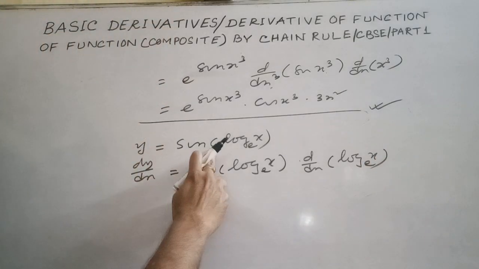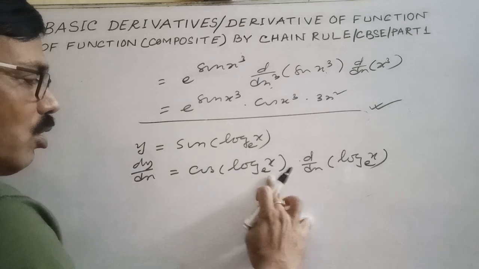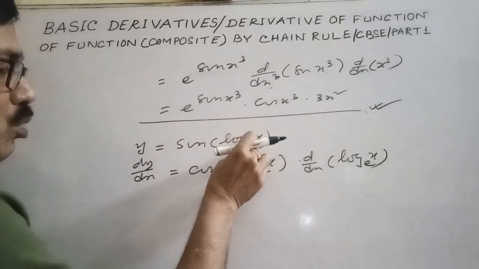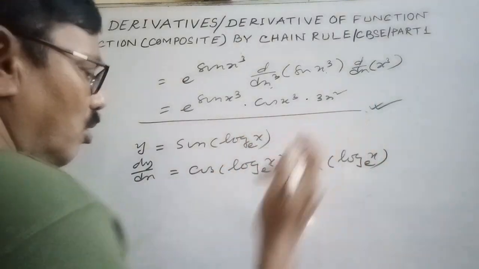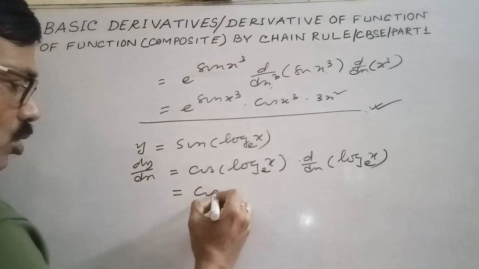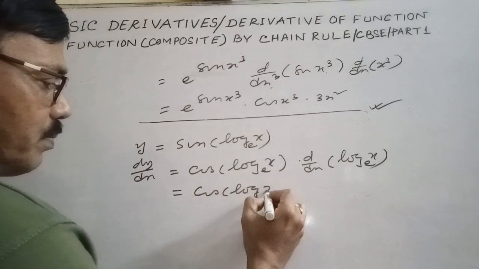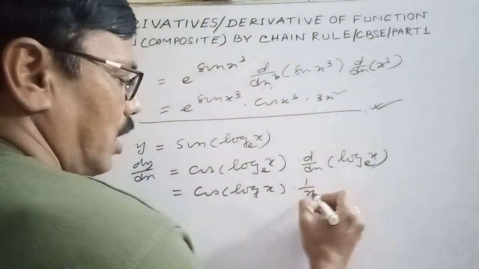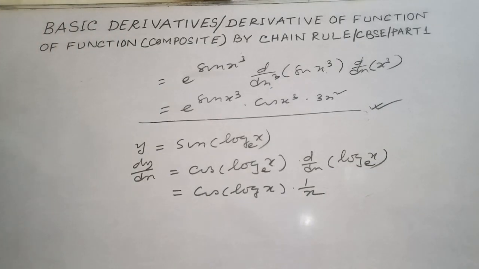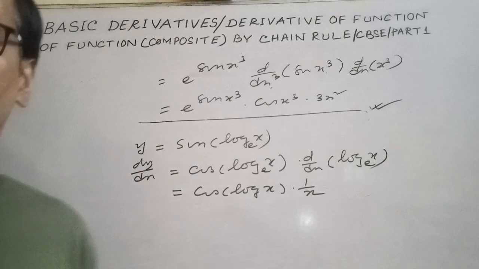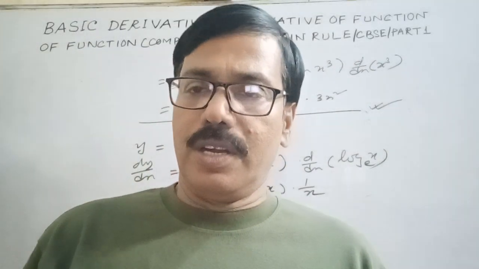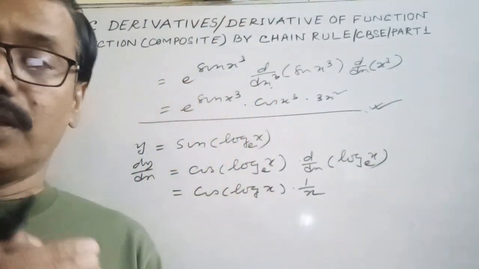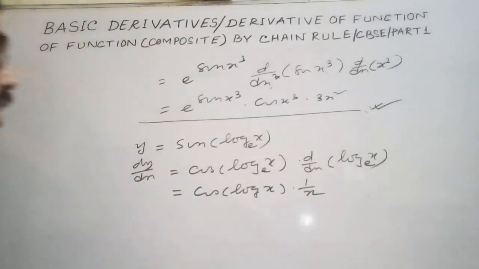Main function is sine, so the derivative is cos log x, then d/dx of the argument of sine, that is log x. So cos log x into 1 by x. So now you can find the derivative of the standard functions with any argument.